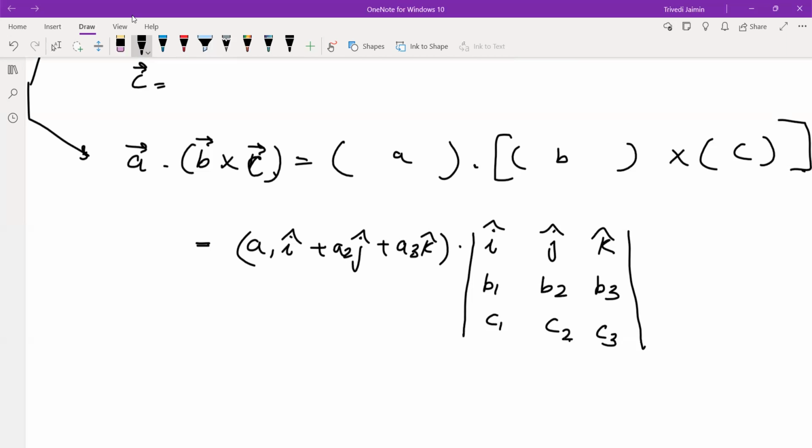Now, if I solve this, i for this 2 by 2, then j for this 2 by 2, k for this 2 by 2. Try this. I'll write the direct answer here. You try multiplying. Yes, sir, I'm doing.